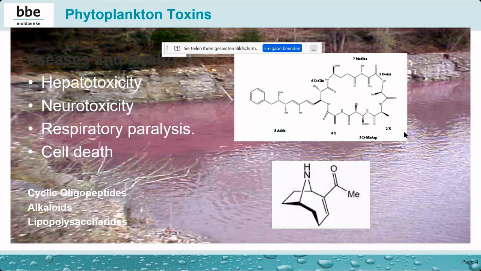So what these phytoplankton toxins can do is cause hepatotoxicity or neurotoxicity, respiratory paralysis, and at the end also cell death. And I have here some compounds. On the upper part is the microcystin made by this microcystis I showed in the slide before, which is a phosphatase inhibitor.